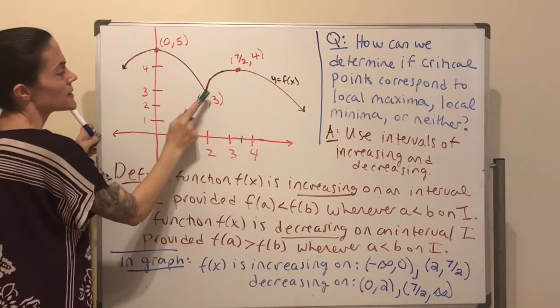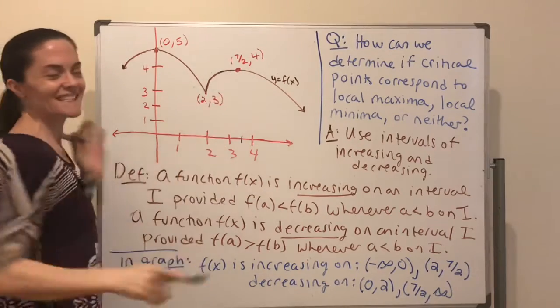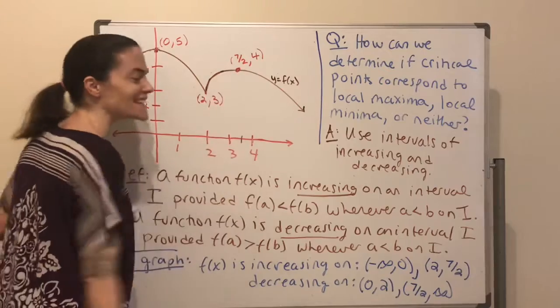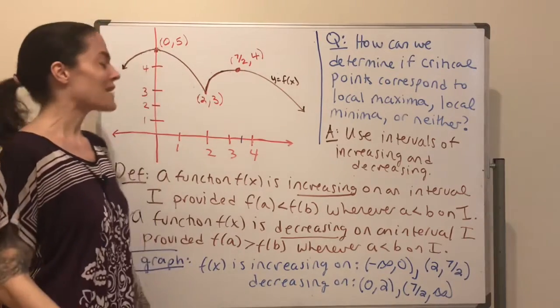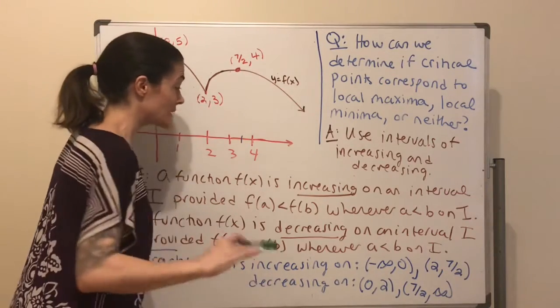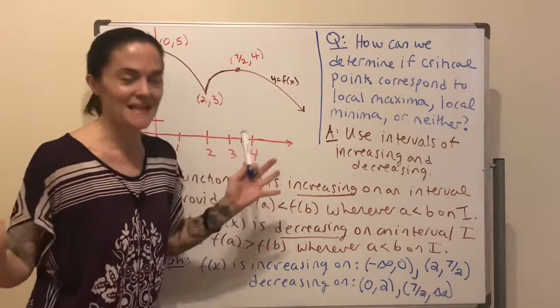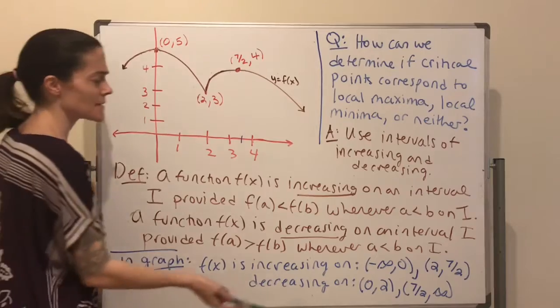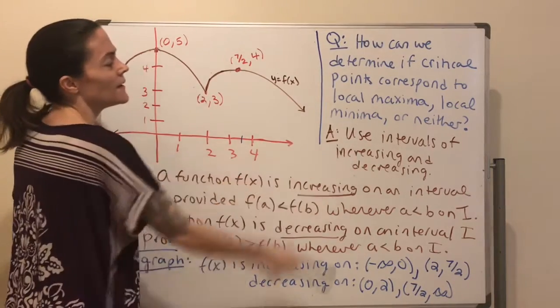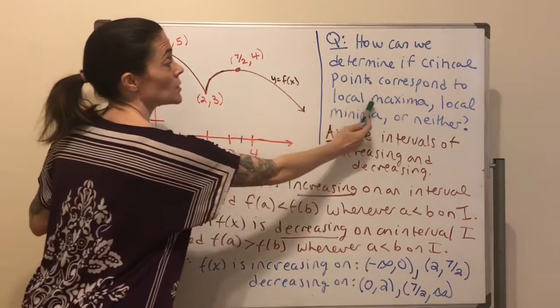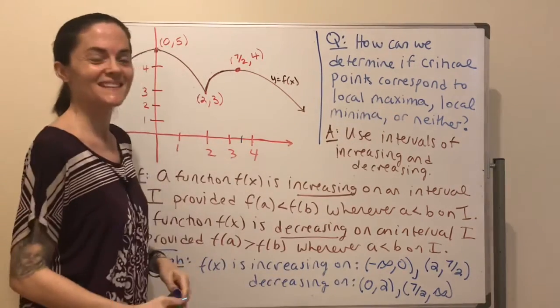We are decreasing to here, and then we are increasing after. We are increasing to this point, and then we are decreasing after, right? So the relationship we definitely see without even writing down derivatives or anything like that yet. We definitely see there's a relationship between intervals of increasing and decreasing and local max and local min, okay?